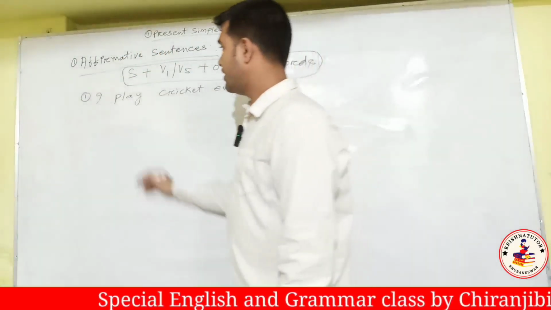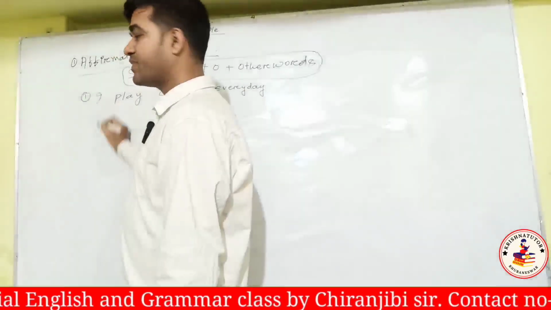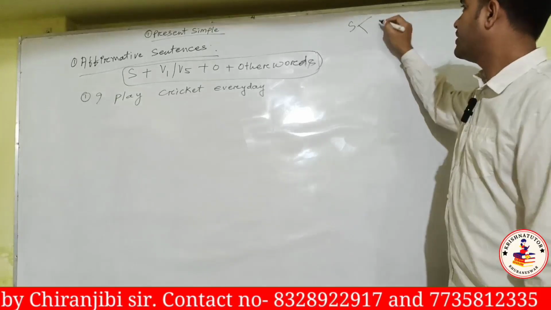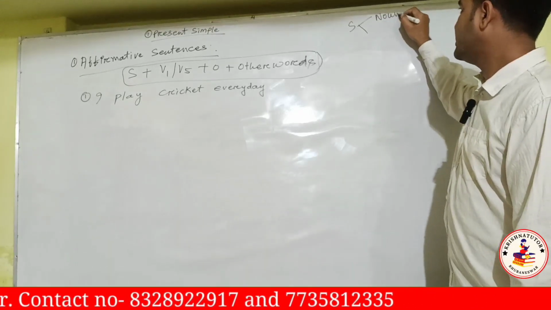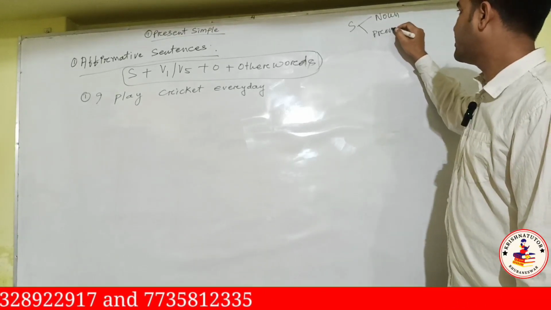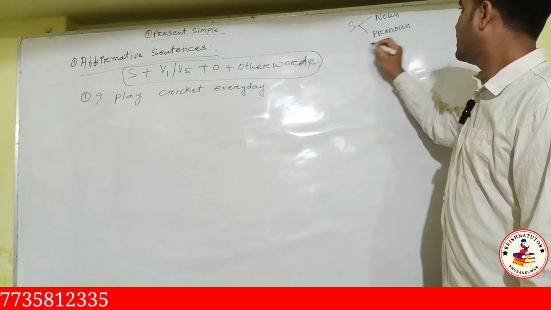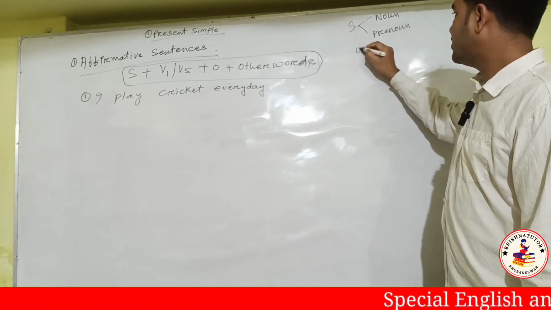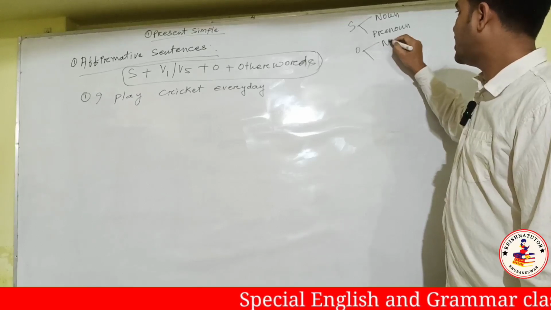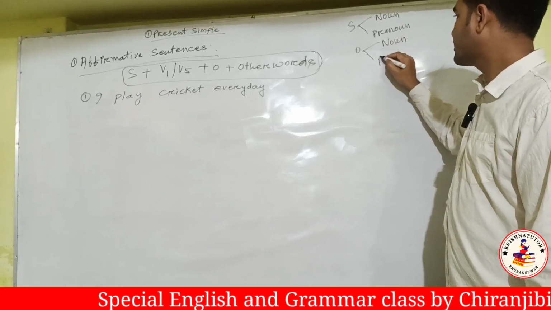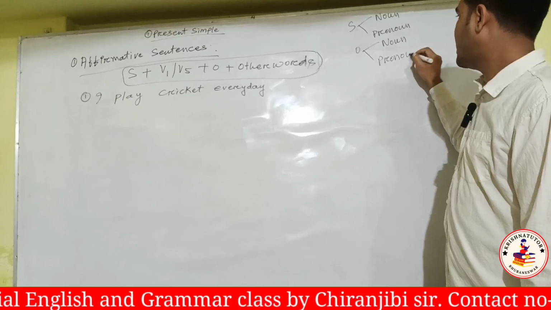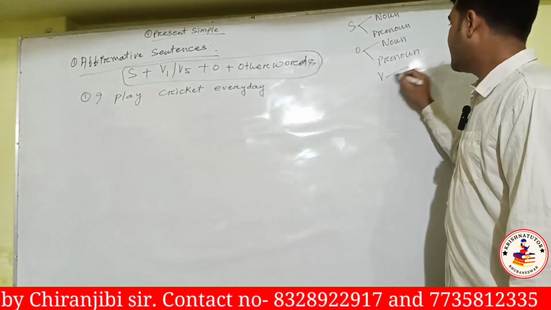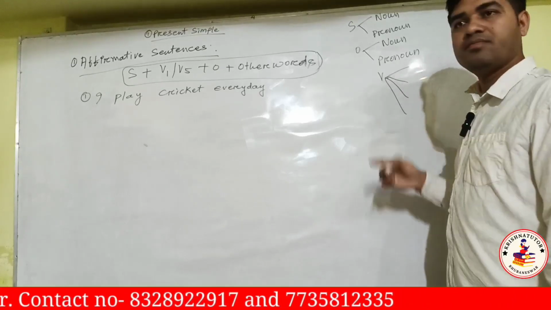So here I is the subject, and I told you subject has to be noun or pronoun. Always, subject means noun or pronoun. Object is also noun or pronoun. And verb could be any verb, helping verb or main verb.